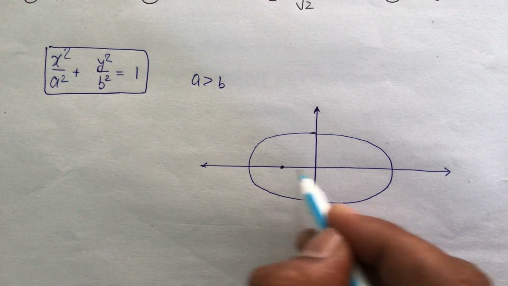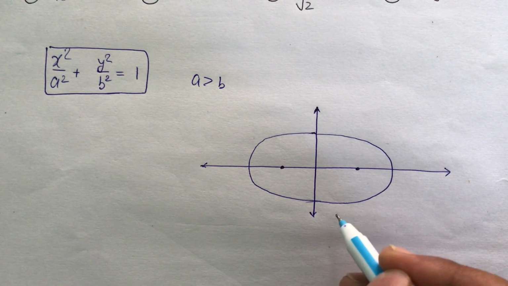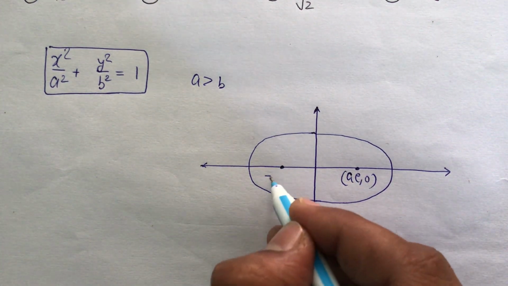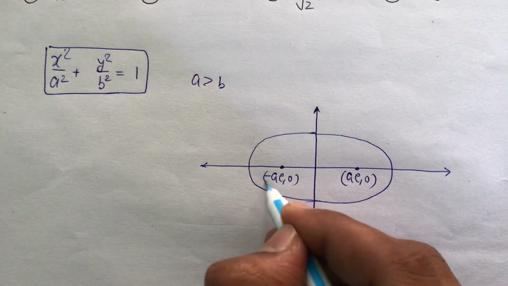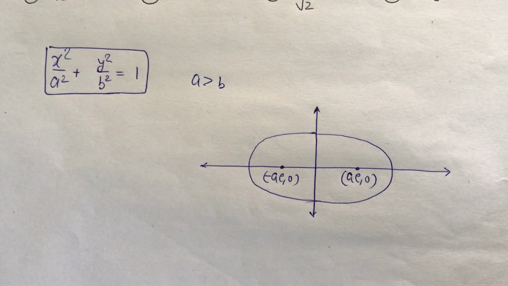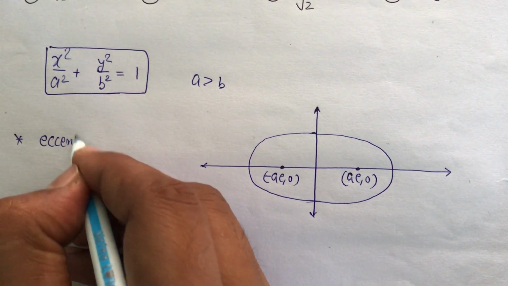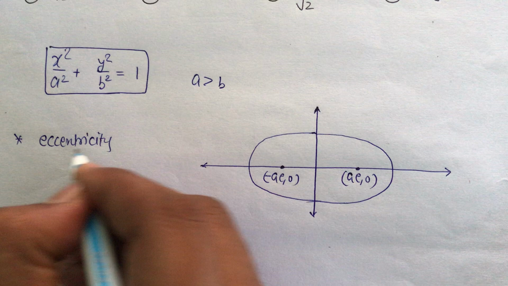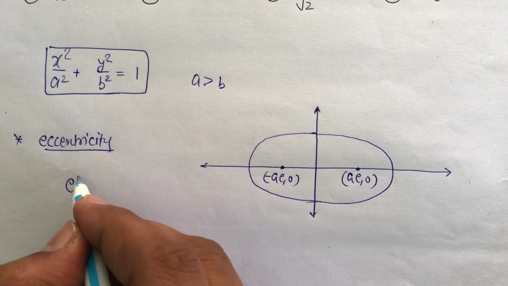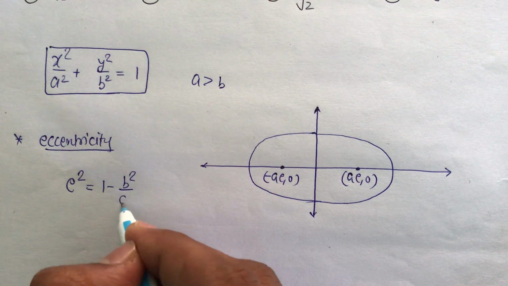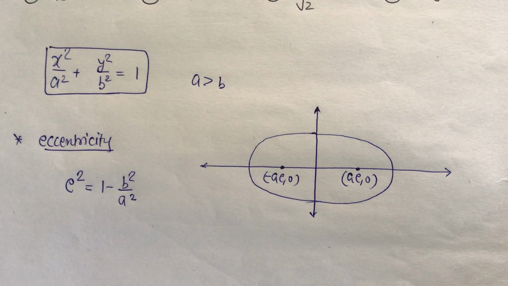The foci of the ellipse are given by the points (ae, 0) and (-ae, 0), where e is the eccentricity of the ellipse. So what is the concept for eccentricity? Eccentricity is obtained by the formula e square is equal to 1 minus b square upon a square.